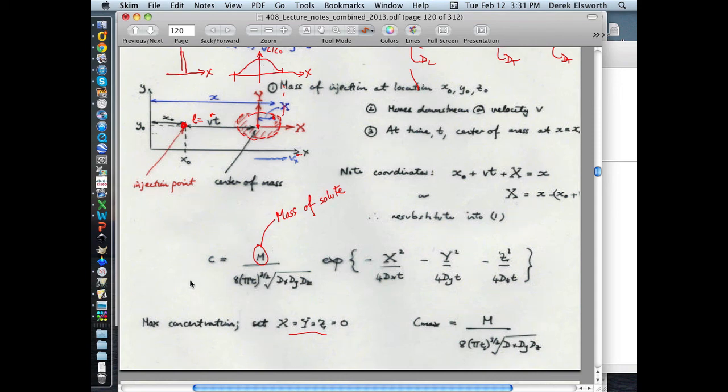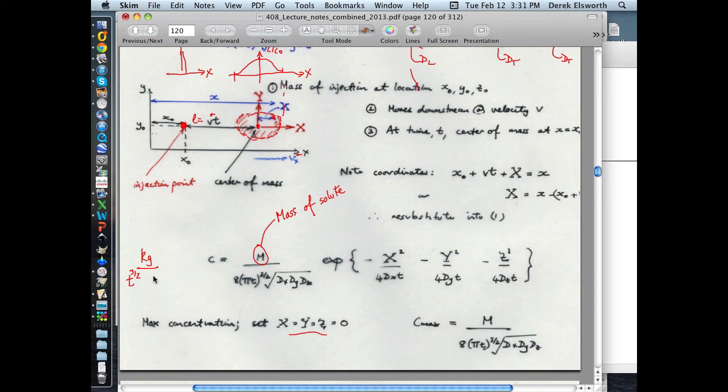And so can we calculate? I suppose we could check whether this is dimensionally homogeneous, right? It doesn't mean that necessarily the equation's right, but we know that if it's dimensionally inhomogeneous, it has to be wrong. And so if we do just a quick calculation on, what's this, kilograms for mass, t to the 3 over 2 is seconds to the 3 over 2. And what's this? We said that this is in meters squared over time.